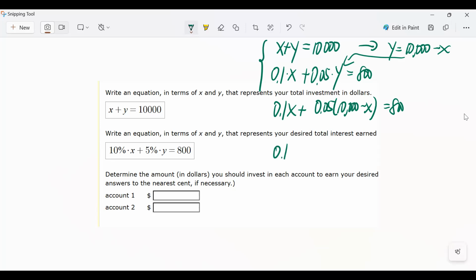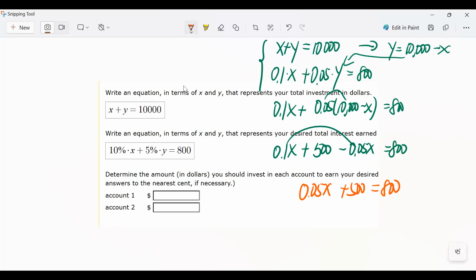Now it's 0.1x plus, which really we get 500 minus 0.05x equals 800.